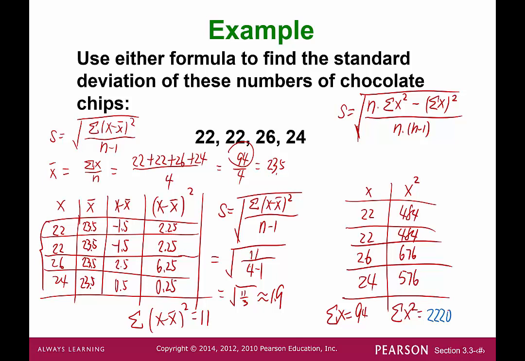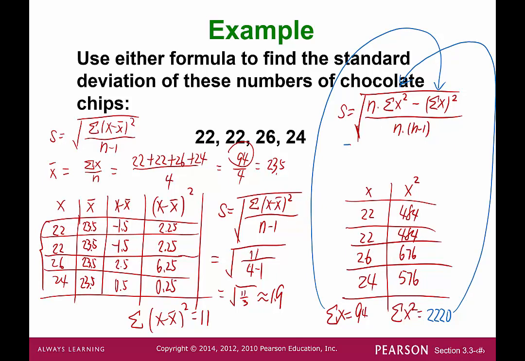Okay, so now this one you plug here, and this one goes here. And we know the sample size, that's 4. So this becomes 4 times 2220 minus 94 squared, divided by 4 times 4 minus 1, which is 12.